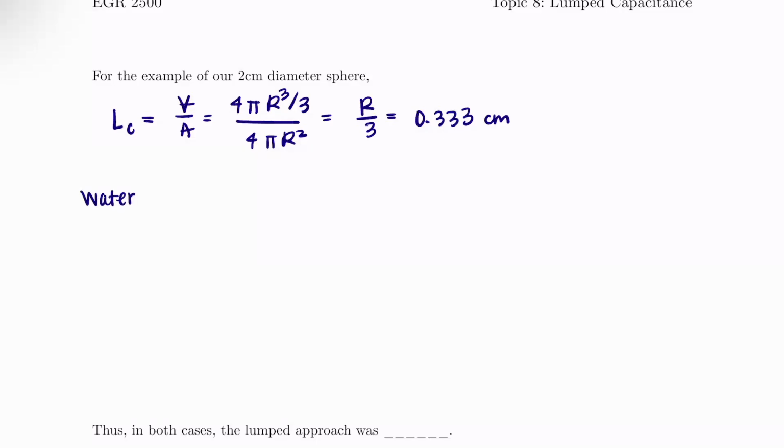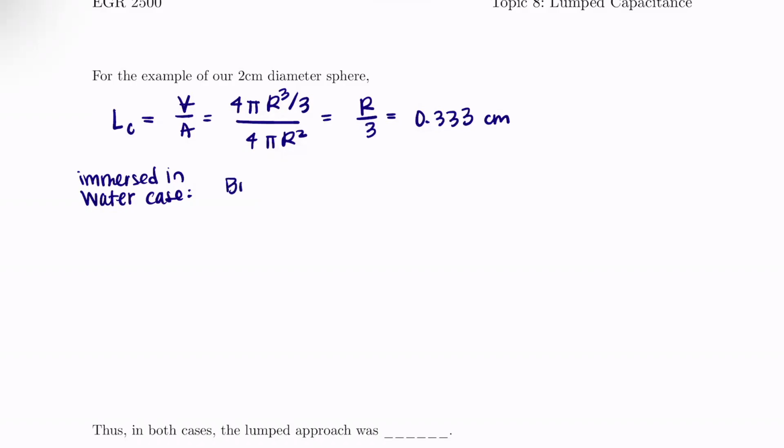So we have volume divided by area, which was 4 pi r cubed over 3 times 4 pi r squared, which simplifies to r over 3, which was 0.333 centimeters.